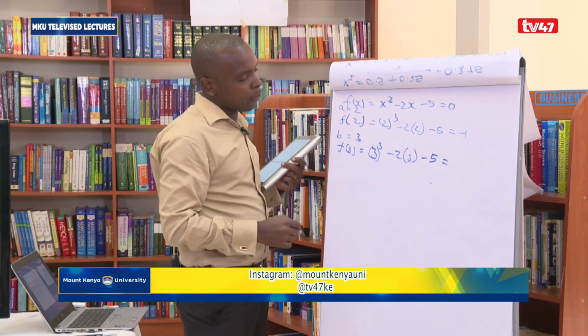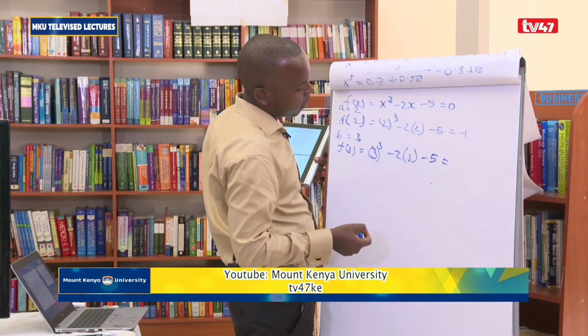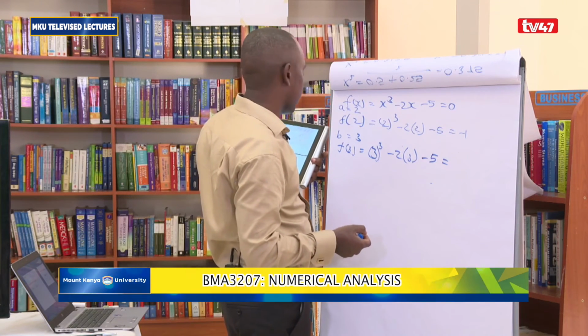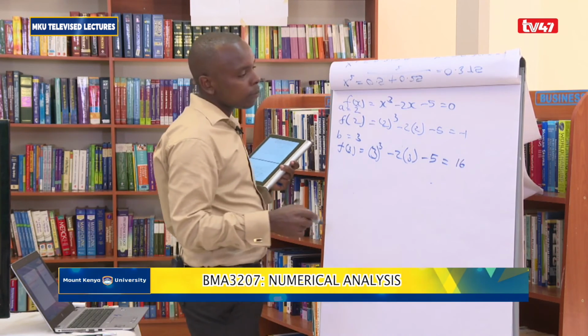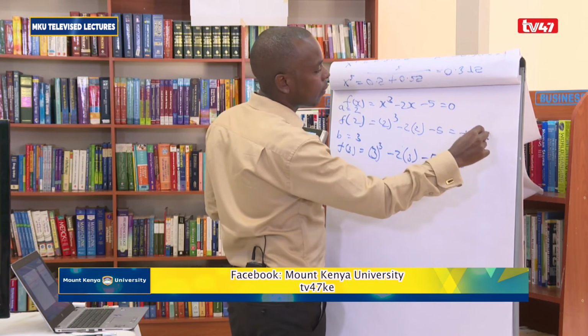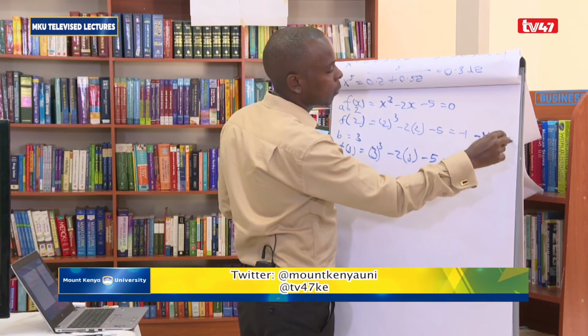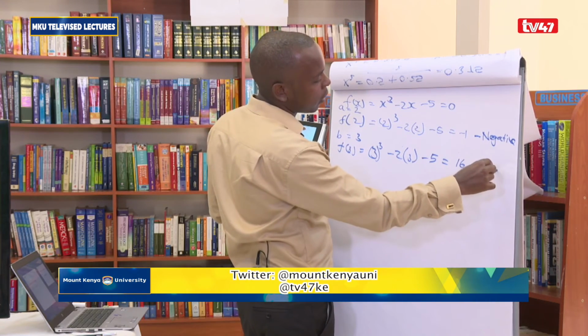So this is 27 minus 6 minus 5, which is 16. So this was negative, and then this is positive.